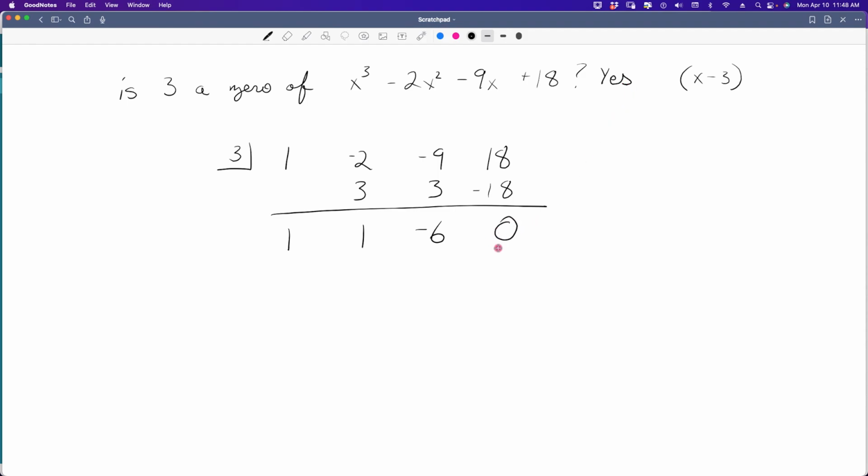Because we have a 0 remainder, we know that x minus 3 is a factor of this polynomial. And then it would be factored like this: x minus 3 times x squared minus x minus 6.